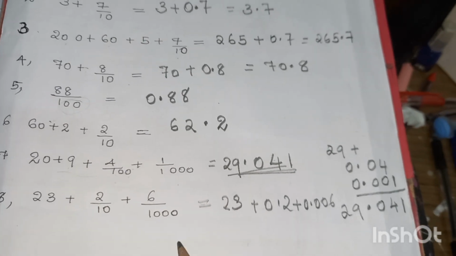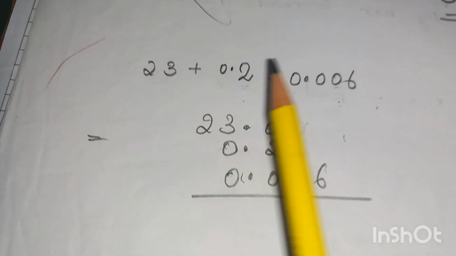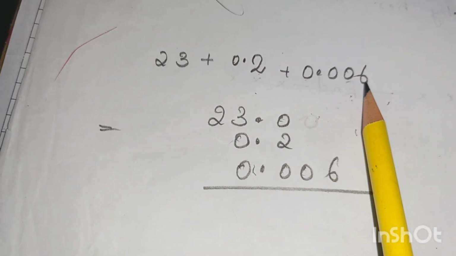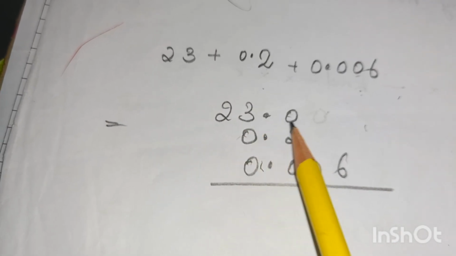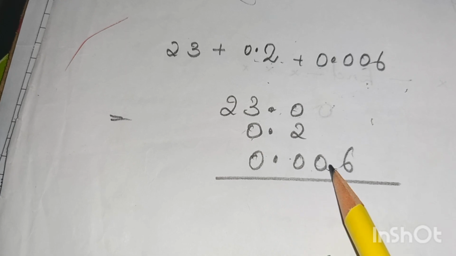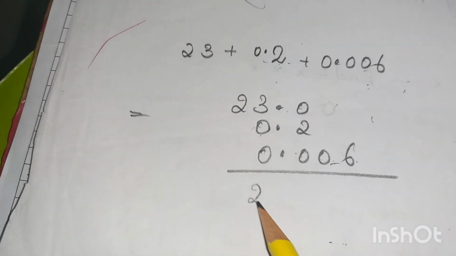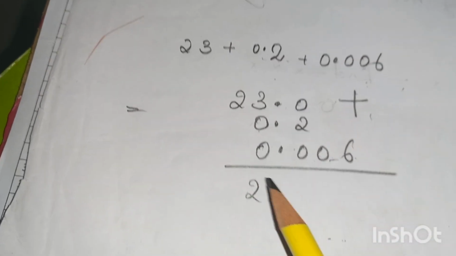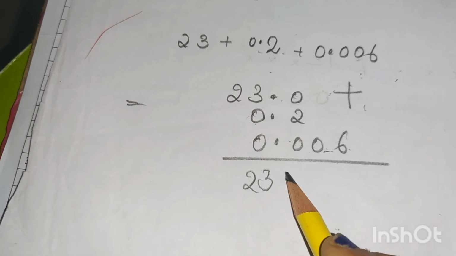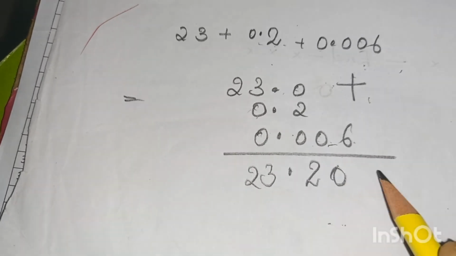So which is equal to 23 plus 0.2 plus 0.006. So 23, then 0.2, then 0.006. So adding all this we get 23.206.